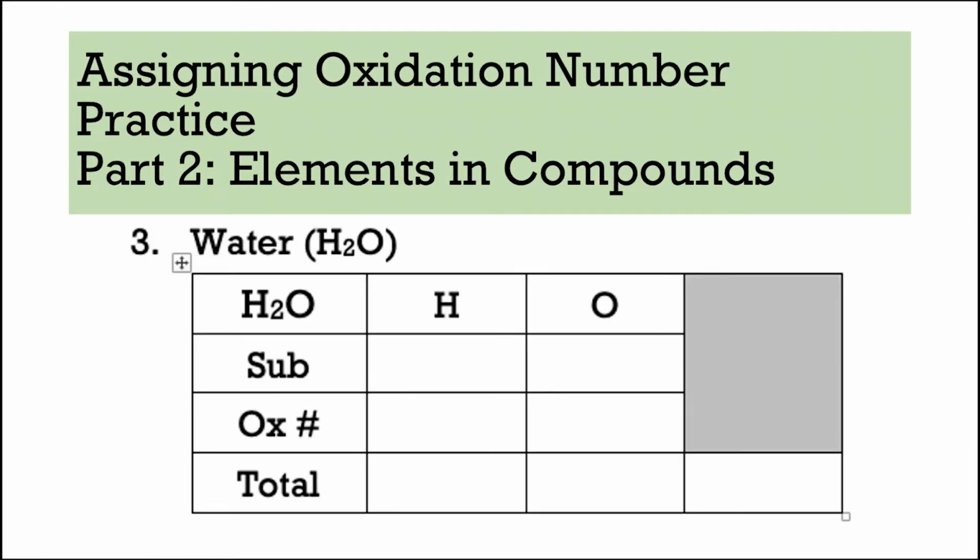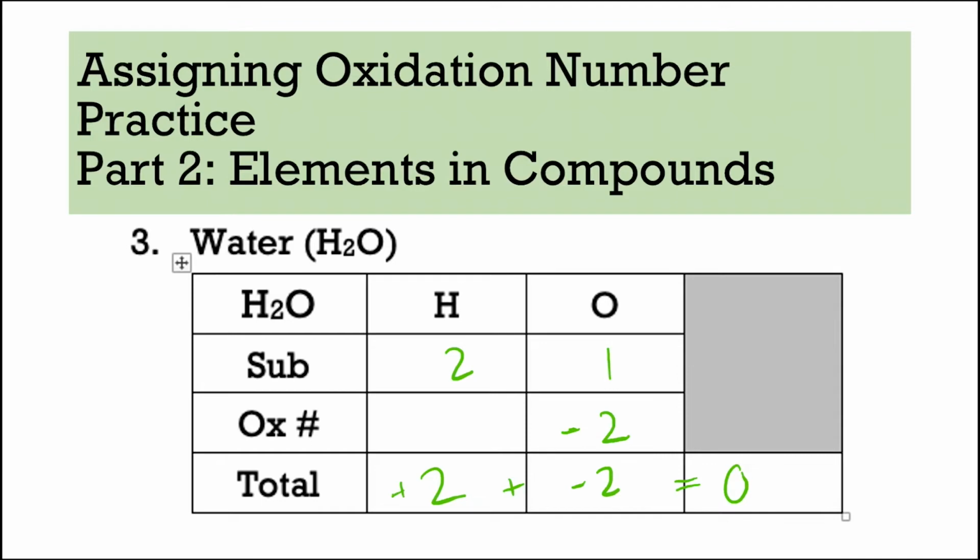Moving forward to the next one, we have water. So in this we have 2 H's, we have 1 O. Oxygen is always negative 2. It's a good place to start. If you have 1 negative 2 thing, that means your total negative is negative 2. We know something plus negative 2 gives you 0, so the only thing that fits in is a positive 2.